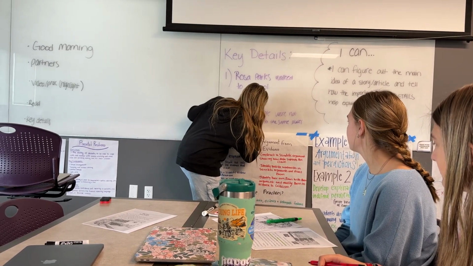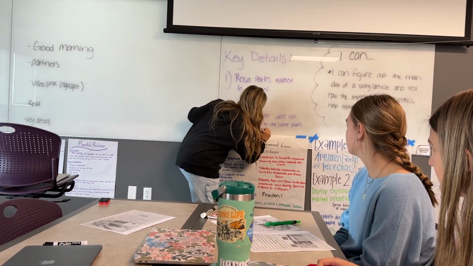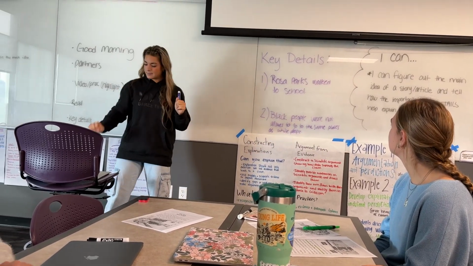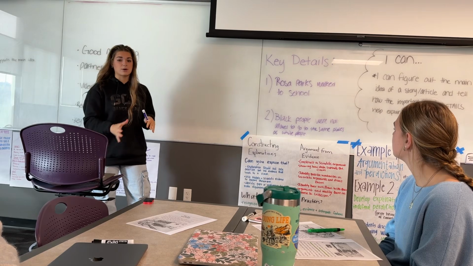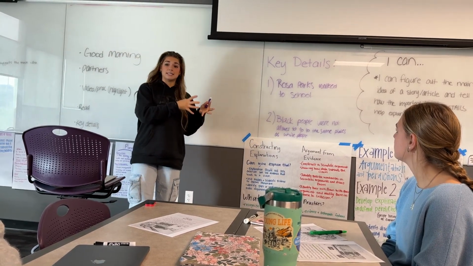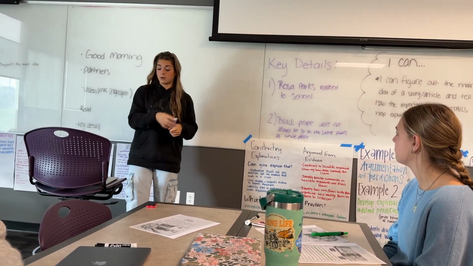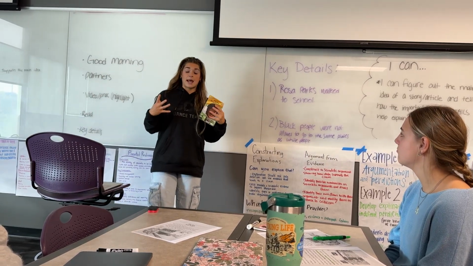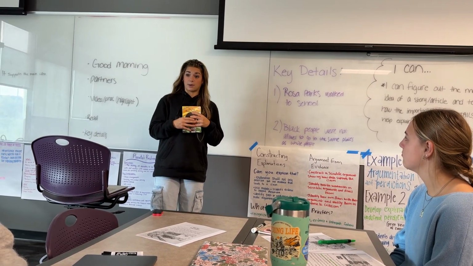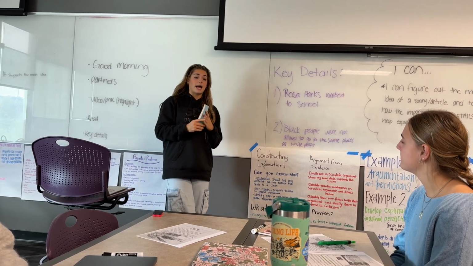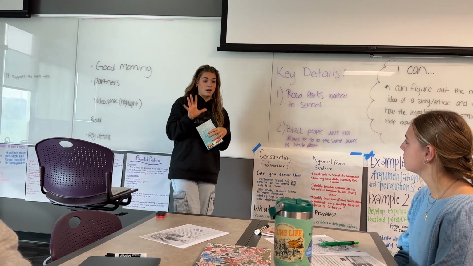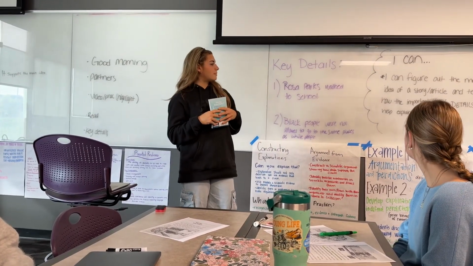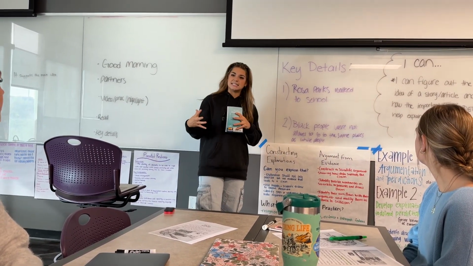All right. So now those are 2 key details that you were able to identify to help support the main idea. As we read further, we are going to find more key details in this book. They're going to teach us about who Rosa Parks is and her life story, okay? So now I am gonna ask us to hold up our fingers 1 through 5. We do this a lot, but how are we feeling about finding the key details of a main idea?